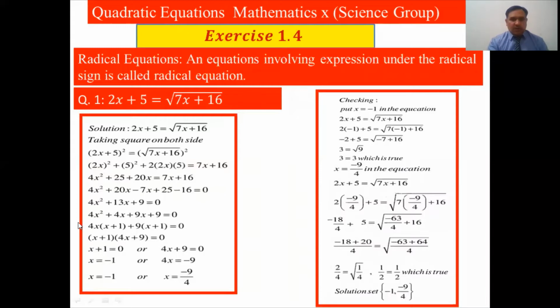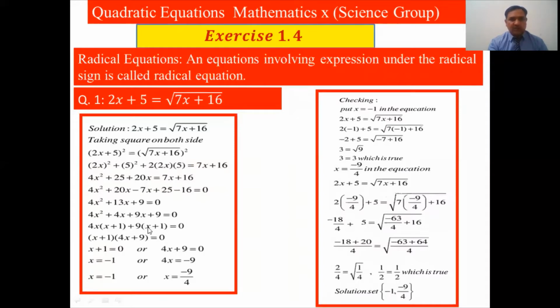So 13x can be written as 4x plus 9x. Now from these two terms we can take 4x as common, so we are left with x plus 1. In the other two terms we can take 9 as common, so we have x plus 1.